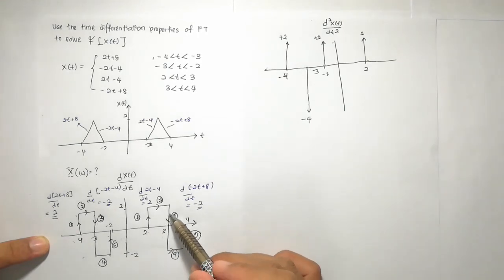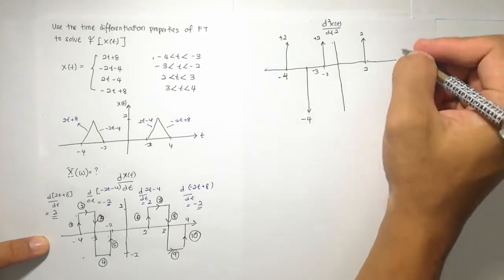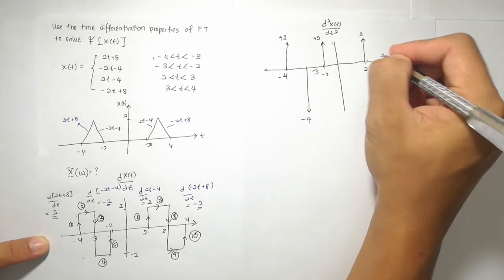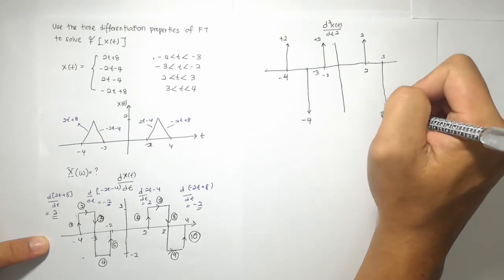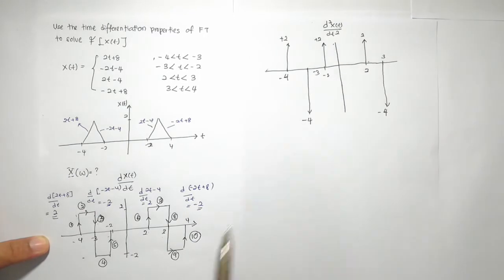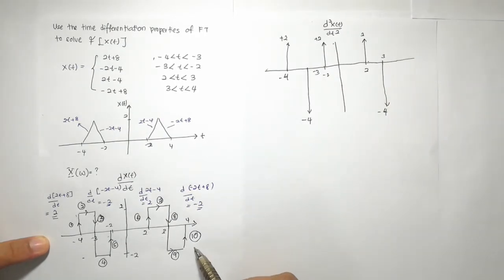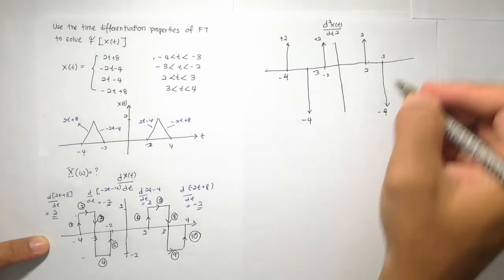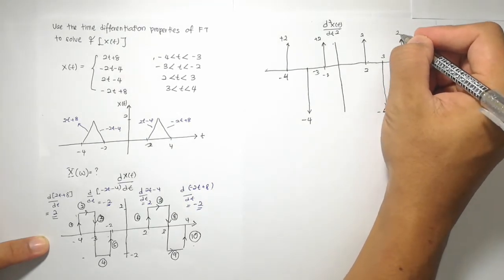For part 8, it goes down, the distance is 4, so we have a delta function at t equals 3 with amplitude of negative 4. For part 9, it's a constant value of negative 2, which is 0 when we differentiate it. And for part 10, we have a positive value equal to 2.